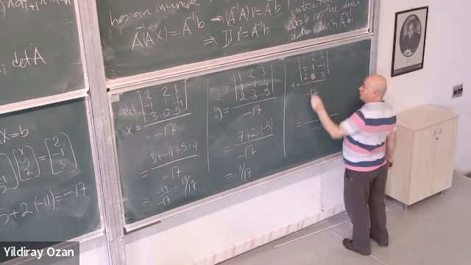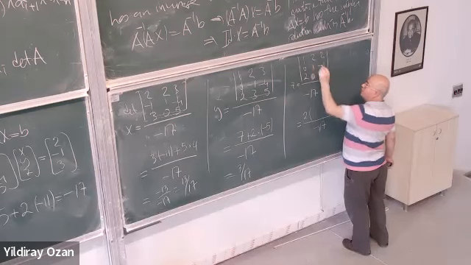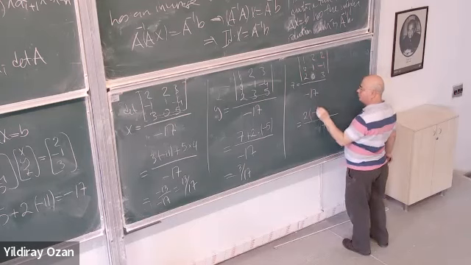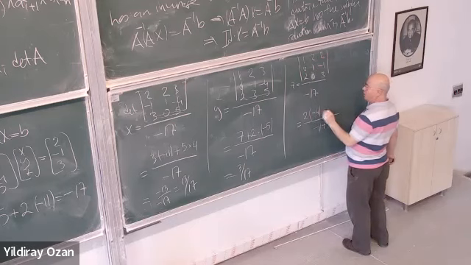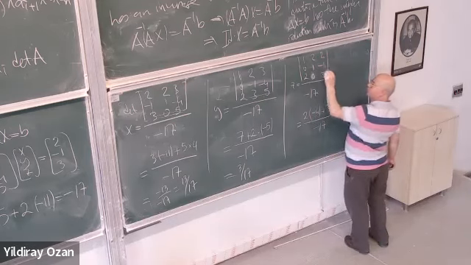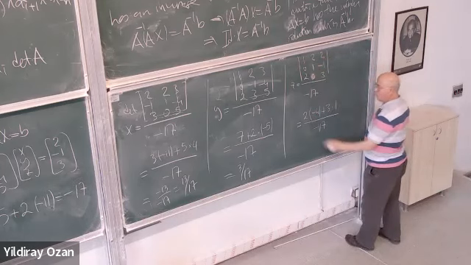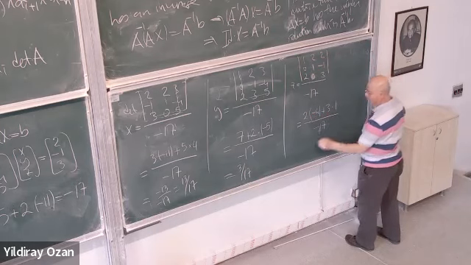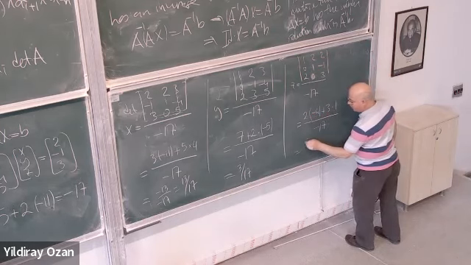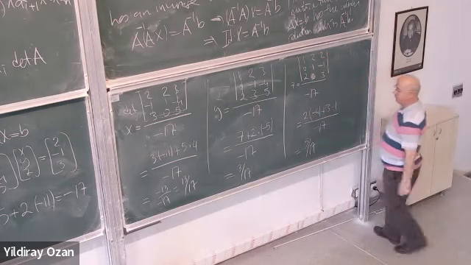So 2 times minus 2 minus 2 plus 4, plus 3 times just 1. So minus 8, minus 5, so 5 over 17.